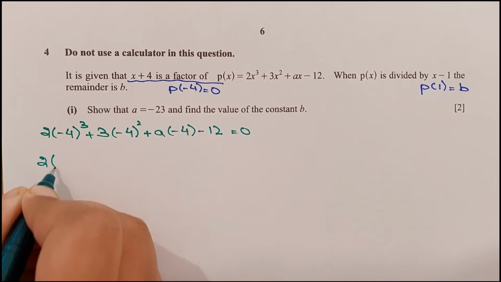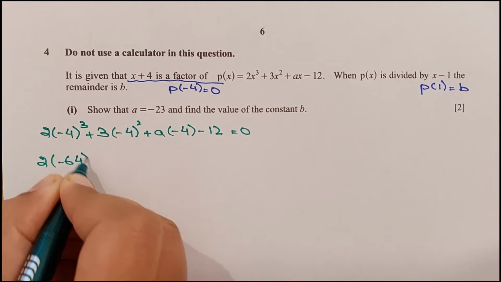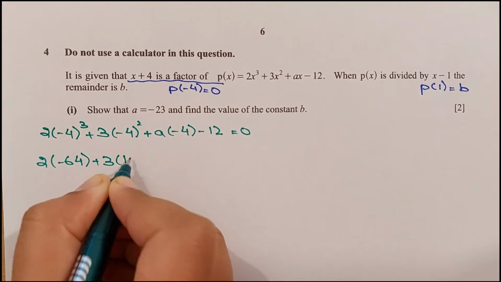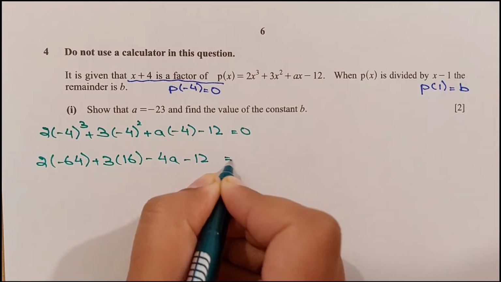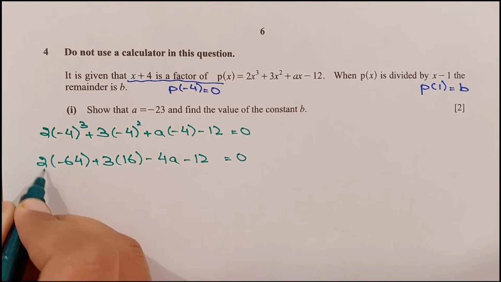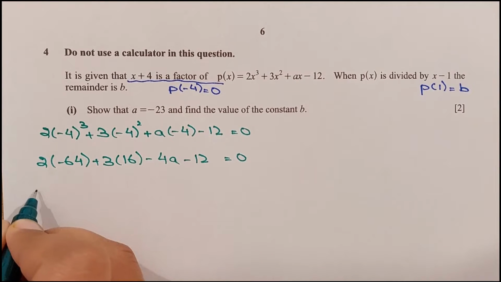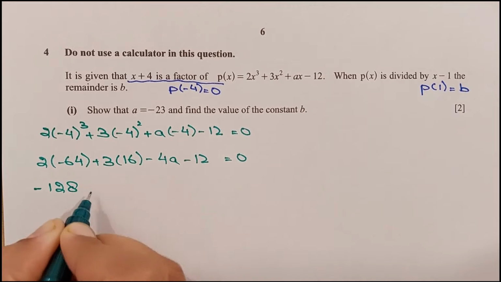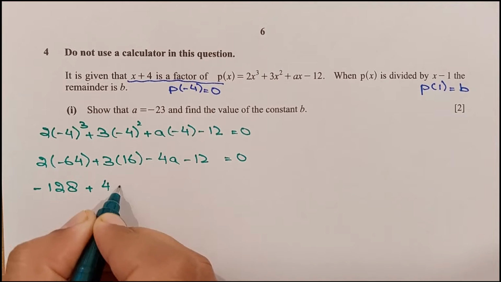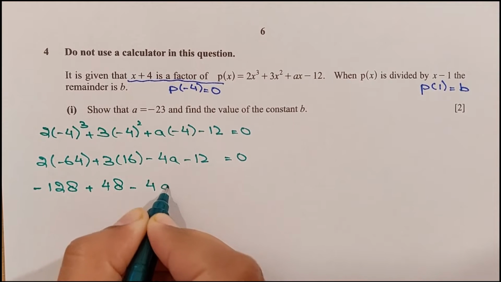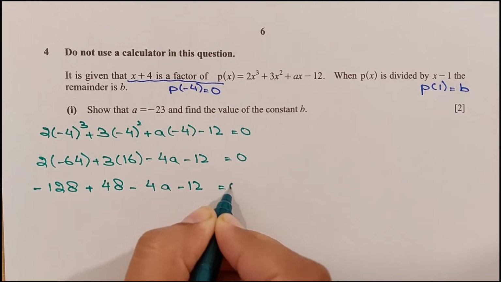Minus 4 cubed is minus 64, and minus 4 squared is 16. 2 times 64 is 128, and 3 times 16 is 48. So minus 128 plus 48, minus 4a minus 12 equals 0.